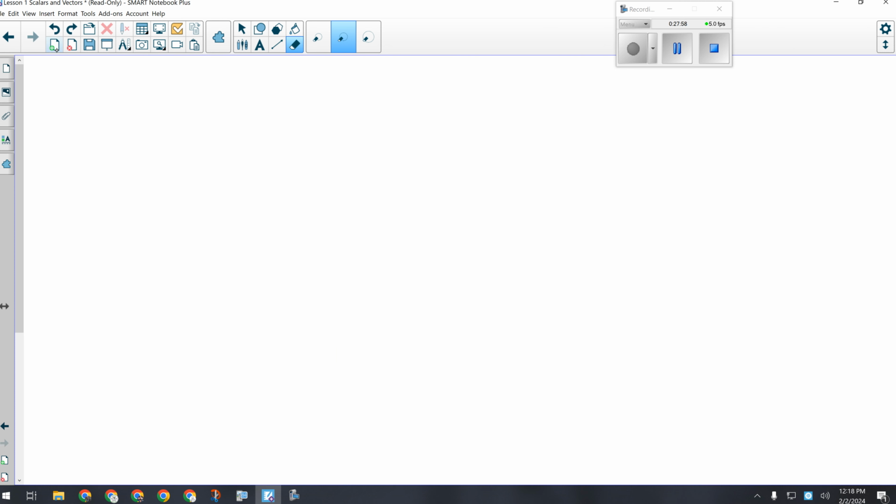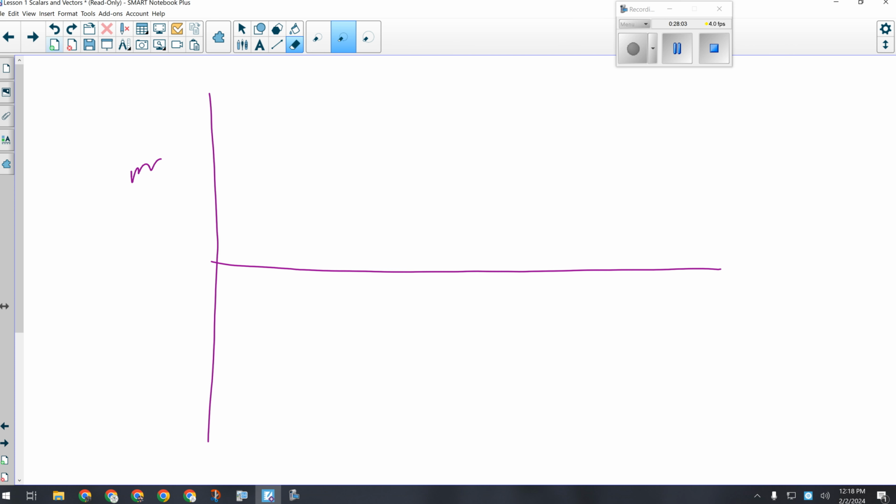Okay, so just as an example, if I have this position versus time graph, so meters here, time in seconds here. Okay, what's the object doing right there? Assuming that's perfectly horizontal. No. Not moving.